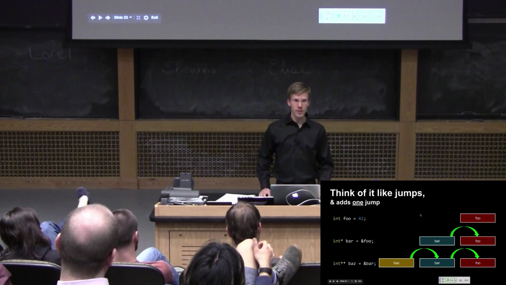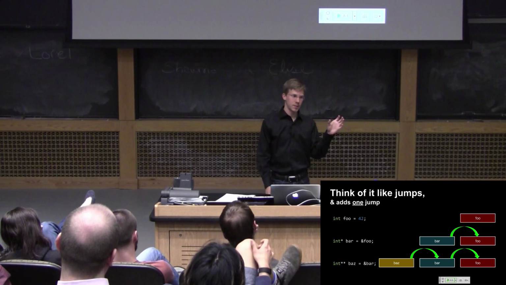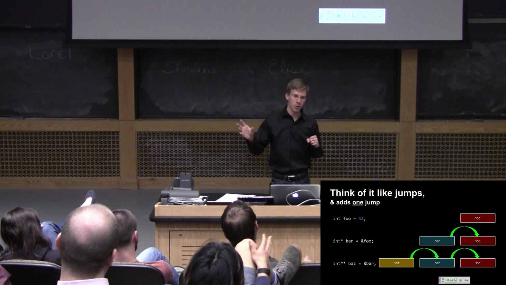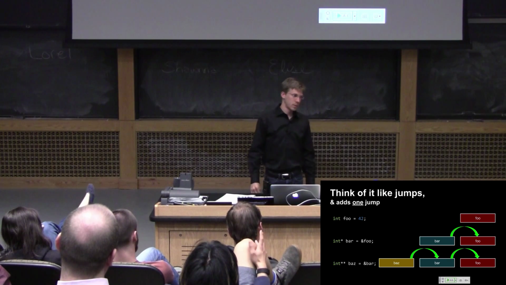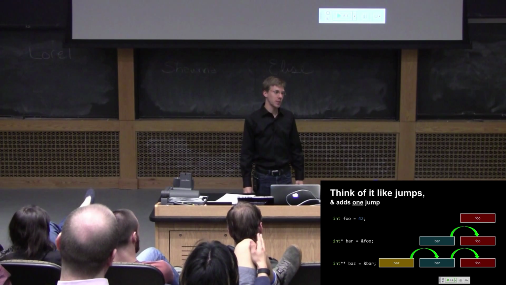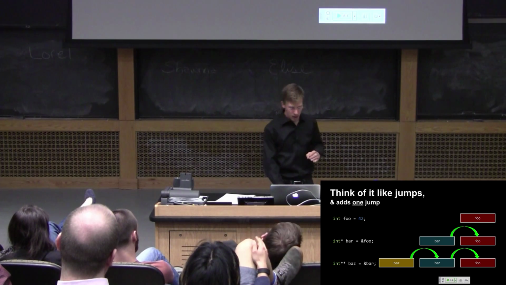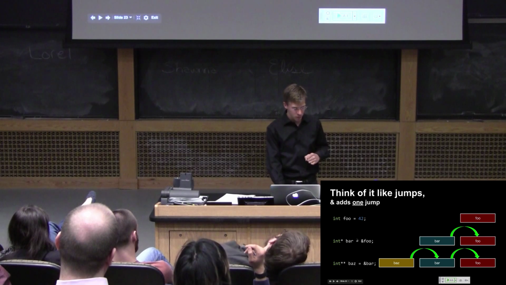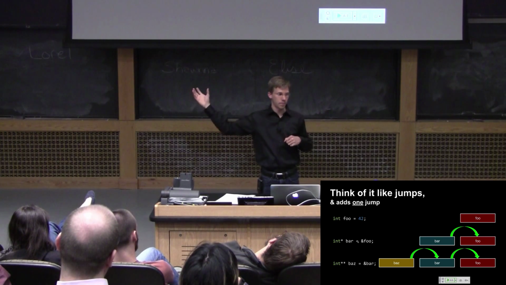So what's wrong with saying int foo equals and then some string? What's wrong with saying that? Yeah, they're totally different types. They're disparate types. They cannot be reconciled. And the exact same thing happens in C++. Every time you use this equal operator, you have to have two types that are the same.